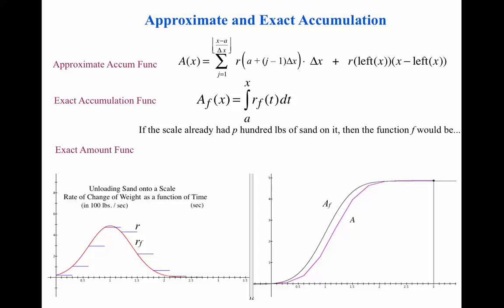So can you write the function f? If the scale already had 100 pounds of sand on it, f of x equals what? It would be the total weight on the scale at the current value of x. See if you can do it. Do it with someone next to you.